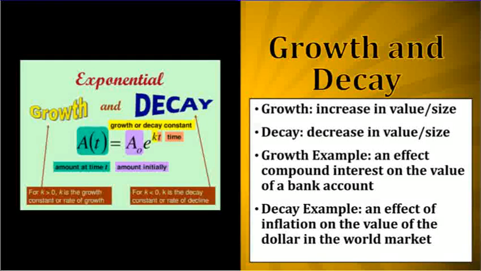A decay example is the effect of inflation on the value of the dollar in the world market. The more money we put into the world, the less the value of that dollar is. So growth means it gets bigger. Decay is where it gets smaller or it decreases.